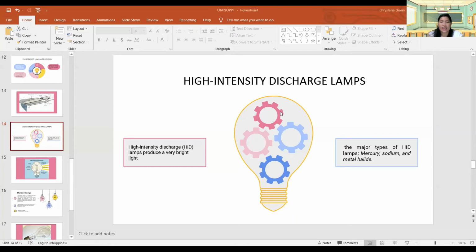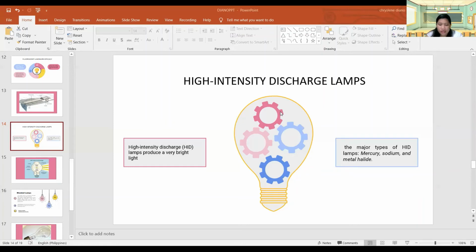Next is the high intensity discharge lamp. High intensity discharge lamps, or HID lamps, provide a very bright light, and the major types of HID lamps are mercury, sodium, and metal halide.